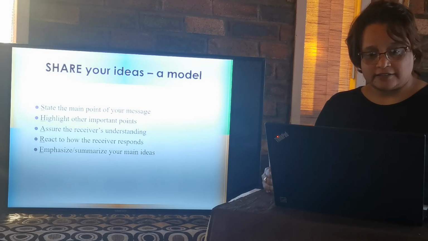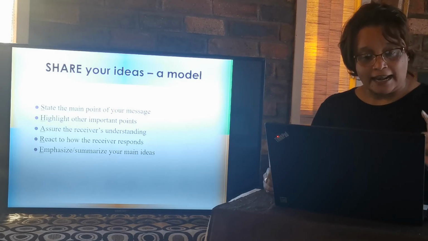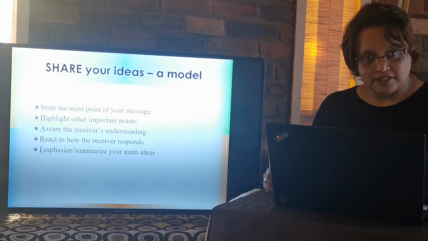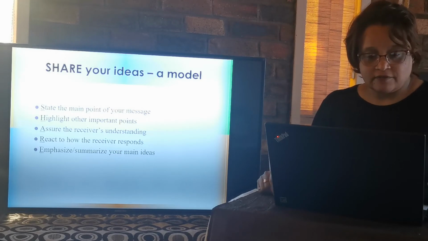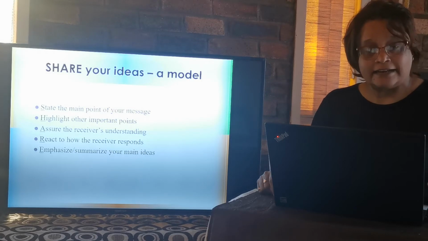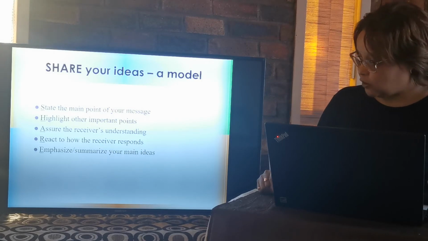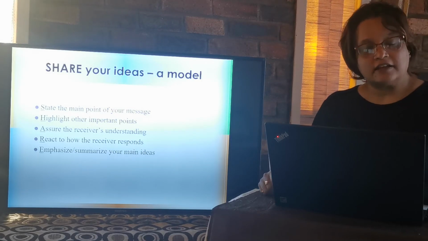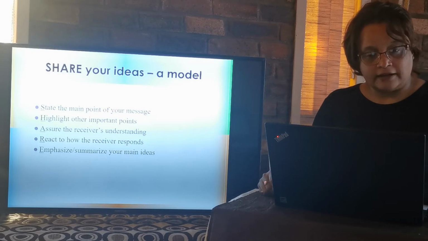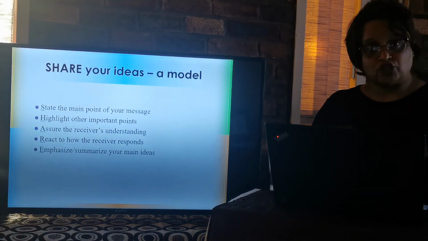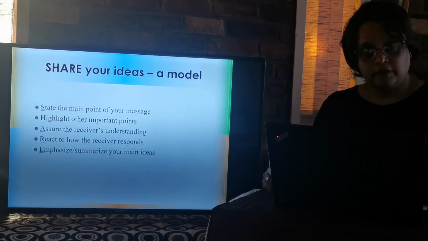State the main point. Highlight other important points. Assure the receiver's understanding. React to how the receivers respond. And emphasize and summarize your main ideas. And that is when you have the share module of information going.